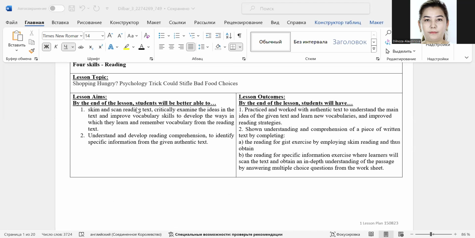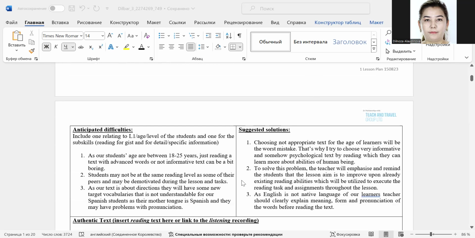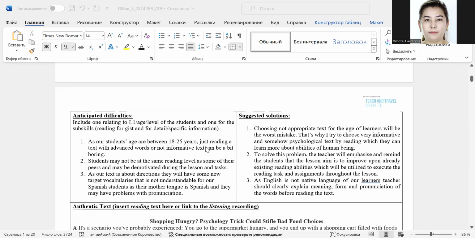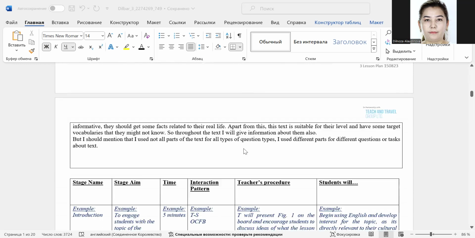By the end of the lesson, students will be better able to do this. By the end of the lesson, students will have these. Next, there are also anticipated difficulties and suggested solutions to these difficulties. And there is a text about reading.